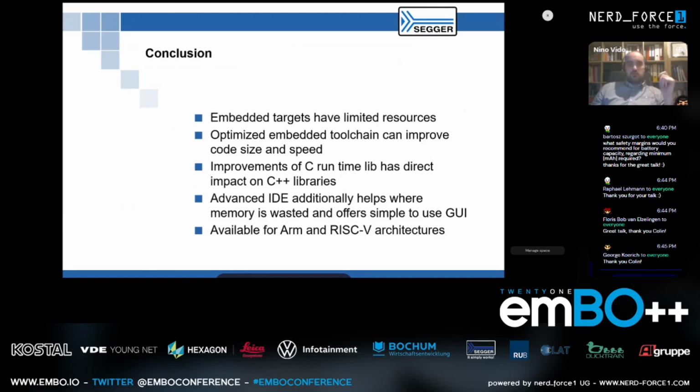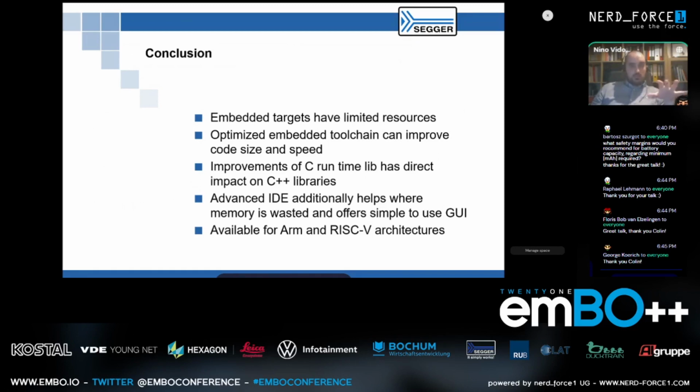And it's always good if you have, in addition to this toolchain, some nice GUI and IDE where you can even understand your code much better and try to find places where you can chip off some more memory, for example, as we saw from the startup code before. So our toolchain, for example, is currently available for ARM targets and RISC-V architectures.